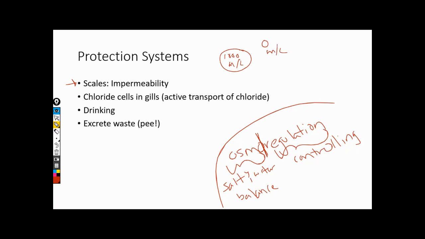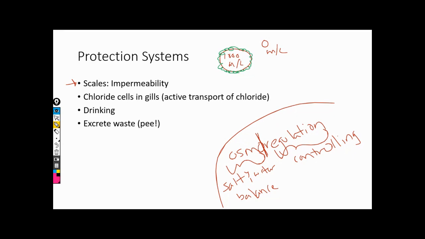Let's pick something to represent scales here. If I've got some kind of scales, which in this case are a bit like armor plating, and that feels very visceral to us, we got to deal with these in class last week. What this allows for is to prevent that free exchange.